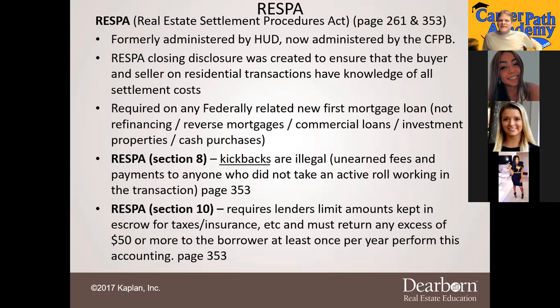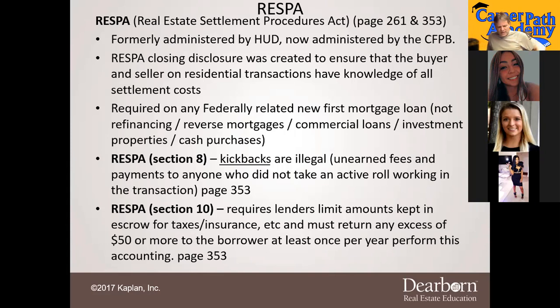Now, RESPA Section 10, the last bullet point. We're going to highlight the first sentence in it. Section 10: lenders are not required to maintain escrow accounts to fund property taxes and insurance. Now, let me continue reading.